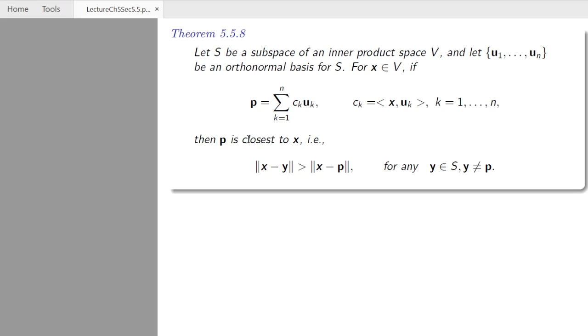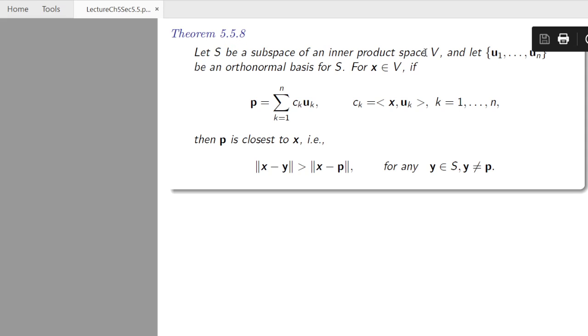Theorem 5.5.8. Here we have similar, or actually the same, assumptions as in Theorem 5.5.7 we just proved.